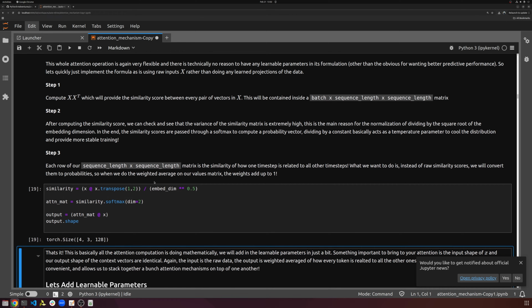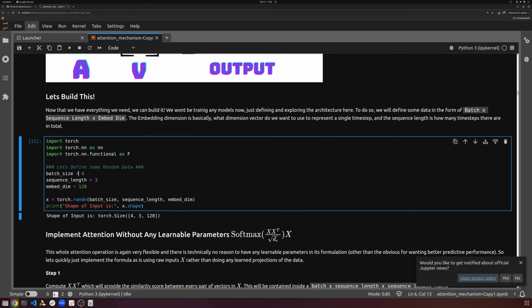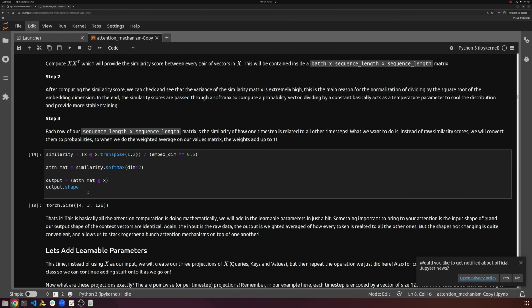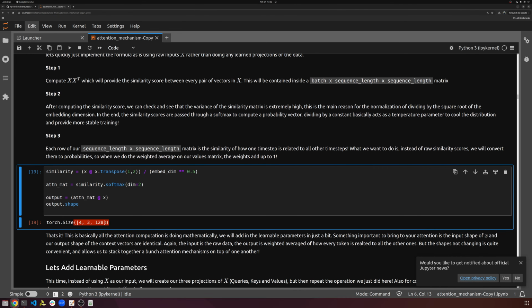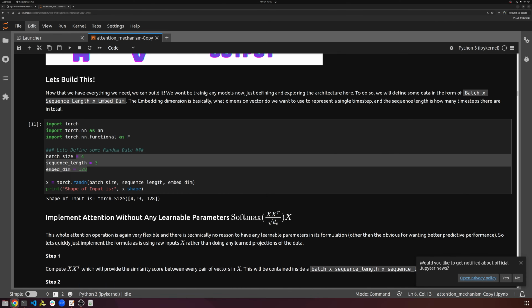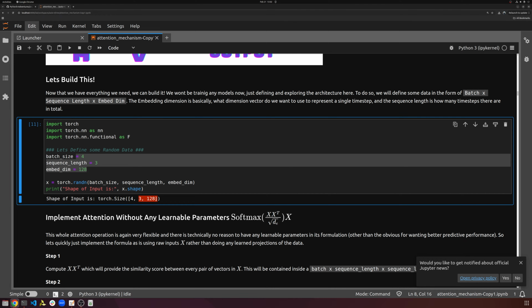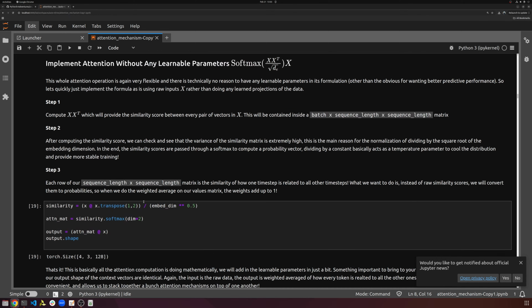Like I mentioned, with transformers, the input shape and the output shape are always the same. So we have a 4 by 3 by 128. 4 by 3 by 128 is what I passed in, and 4 by 3 by 128 is what comes out, right? Except the difference is here, each one of these 3 tokens represents an embedding for that time step. Like this is the embedding for time step 1, time step 2, time step 3, basically the word vectors that pop out of our embedding matrix.